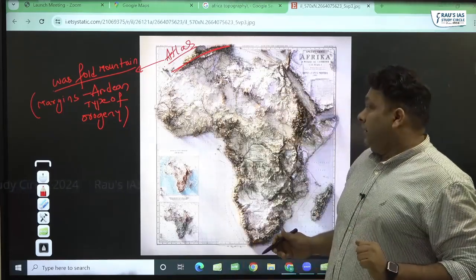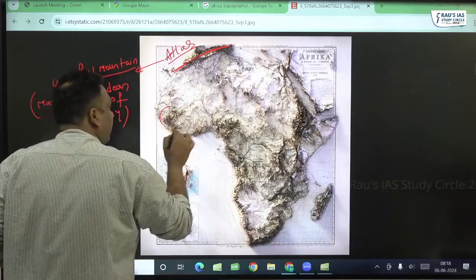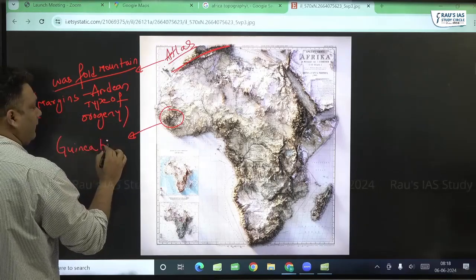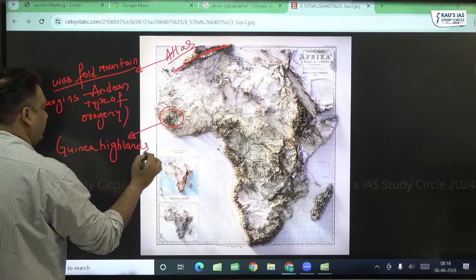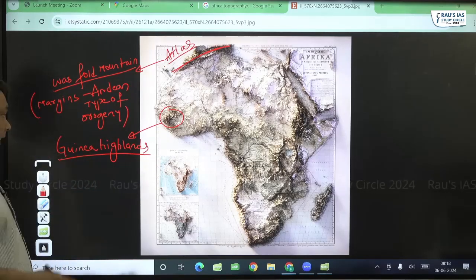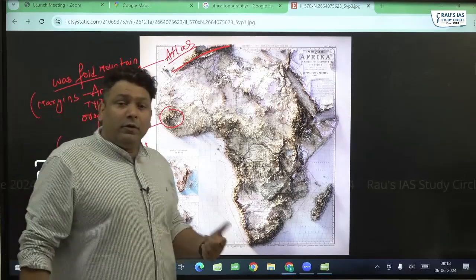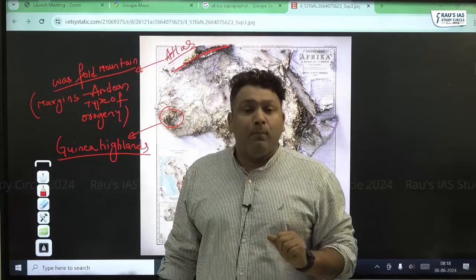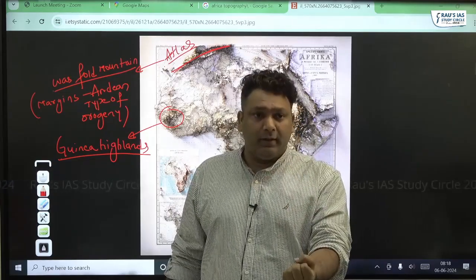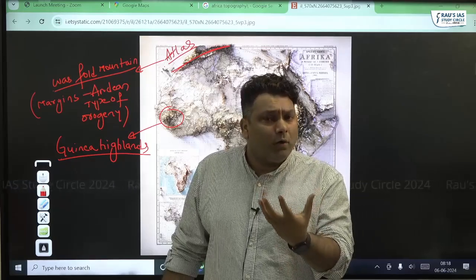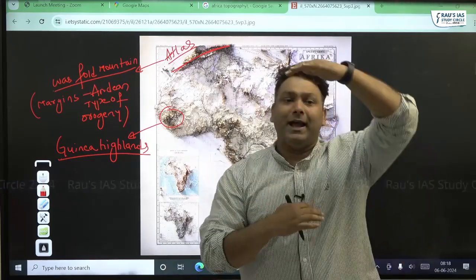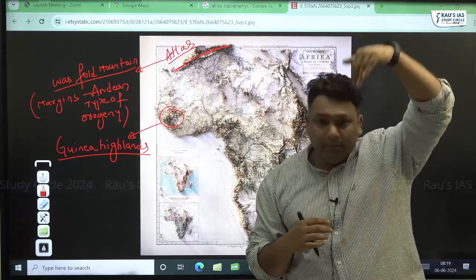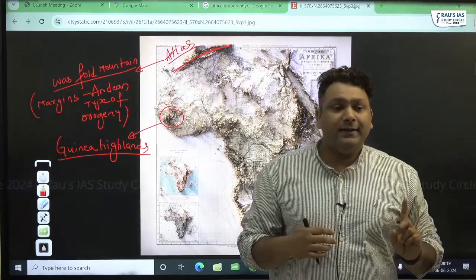And the second, here you have the Guinea Highlands. If you have studied the soils, earlier I explained the formation of bauxite. Bauxite is formed because of leaching, because of tropical weathering. If you have a highland or tableland topography with very high rainfall over a period of time, that will lead to leaching.